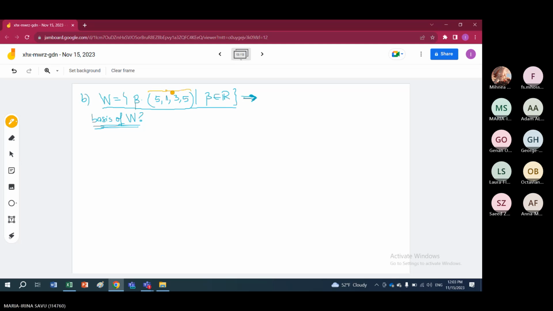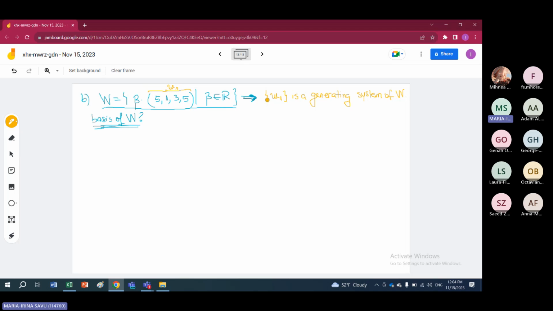This one, W1, because all vectors from W can be written as a constant times this vector.